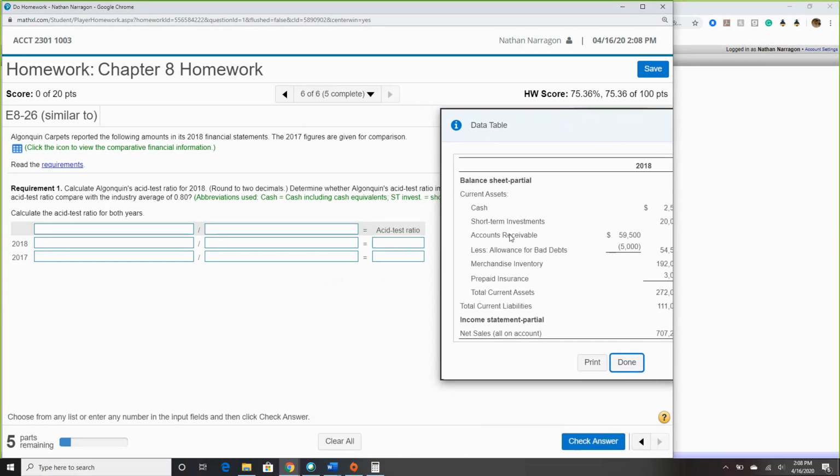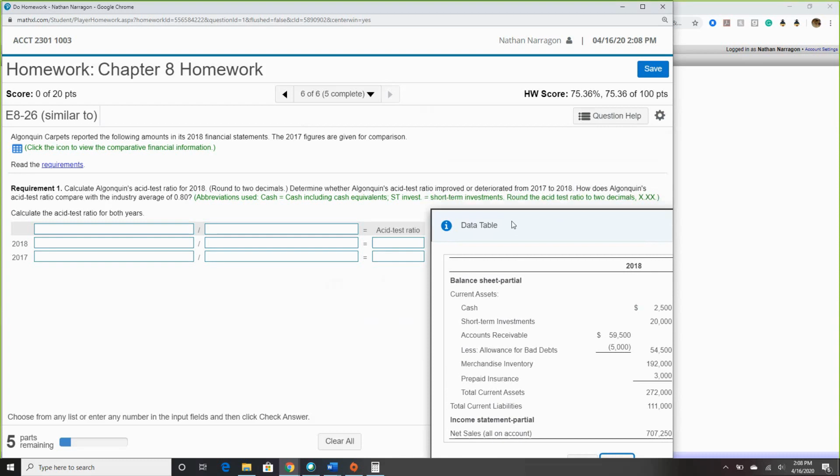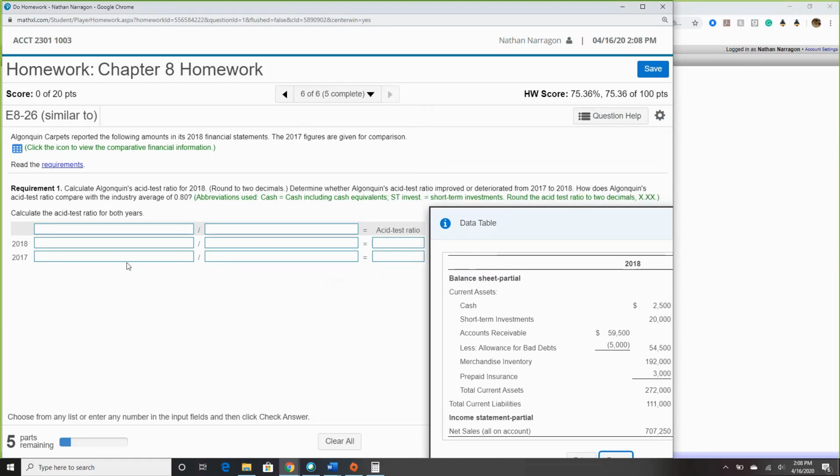Alright, so we want to calculate the asset test ratio for 2018, rounded to 2 decimal places. Determine whether their asset test ratio improved or deteriorated from 2017 to 2018. How does their asset test compare to the industry?